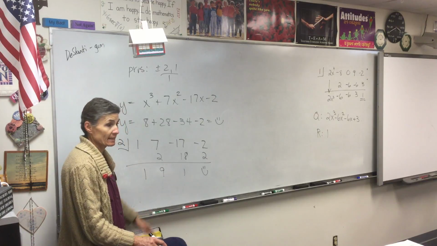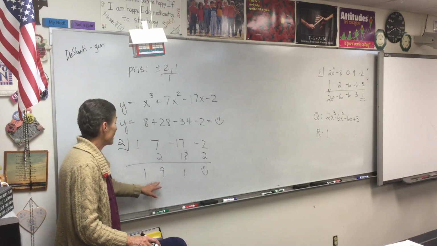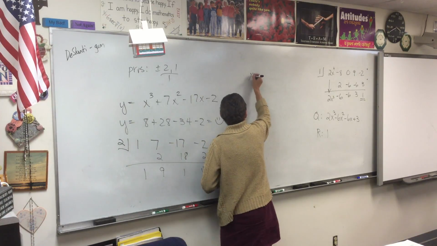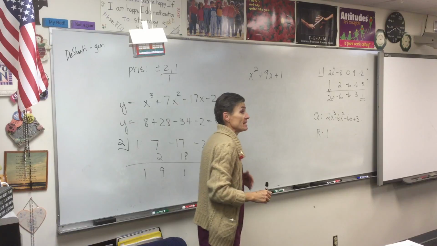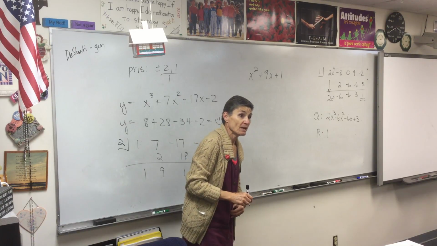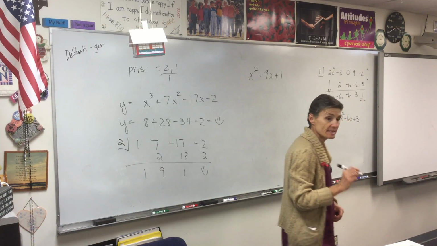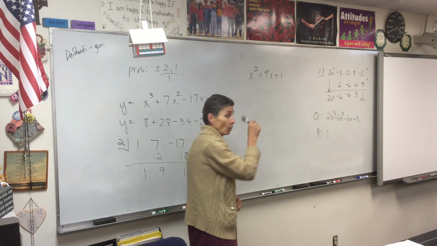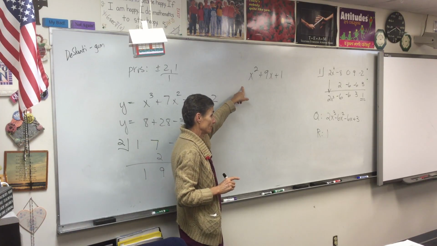Then what? What's the next step in the process? X squared plus 9x plus 1. And if it factors, we should factor it, right? But there has been one on every practice test that didn't factor. Only one that didn't factor, and this one doesn't.